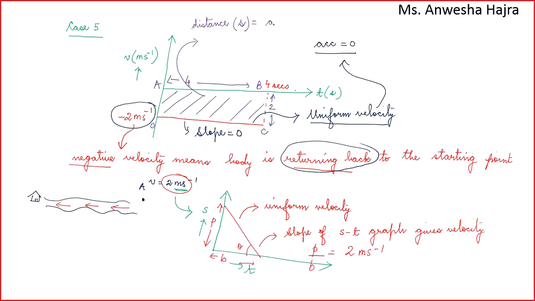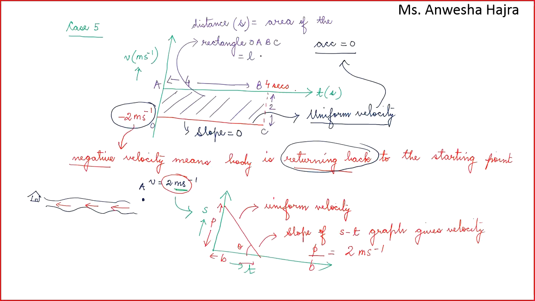So distance is the area under the graph. It is the area of the rectangle OABC.